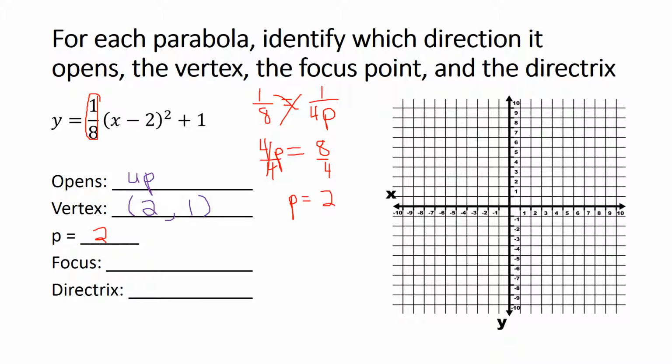What that tells me is that the focus is 2 units above the vertex. So if I take a look at my graph, I can plot the vertex at 2, 1. I'll label that V for vertex. And the focus point is 2 units above that. So if I go up 2, then my focus point would be at 2, 3.